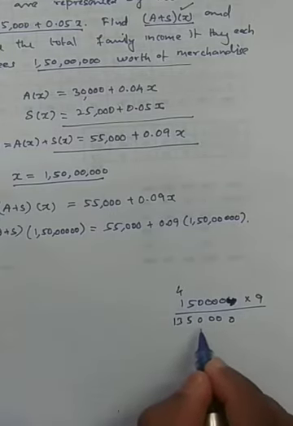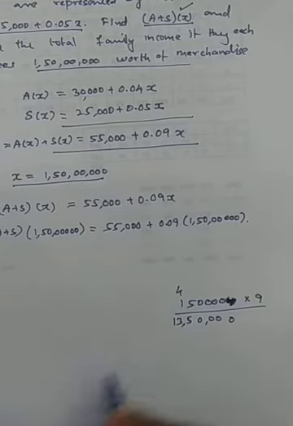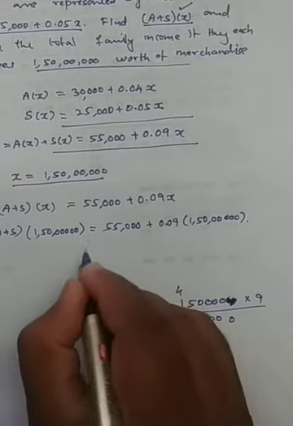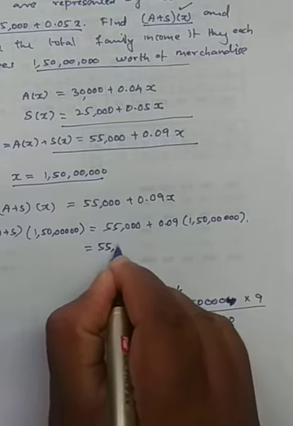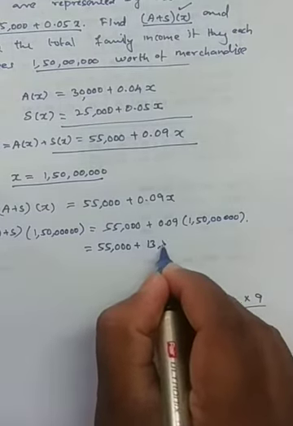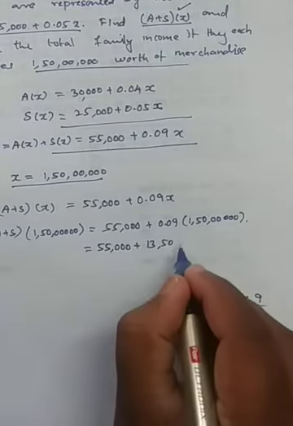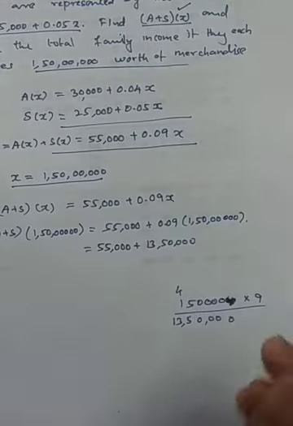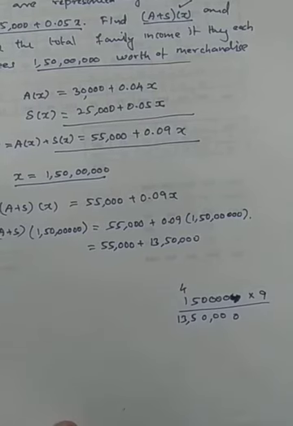So we get 13 lakhs 50,000. So it will be 55,000 plus 13 lakhs 50,000.